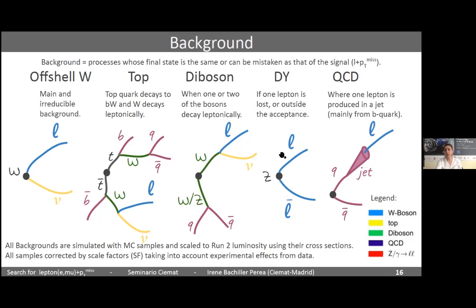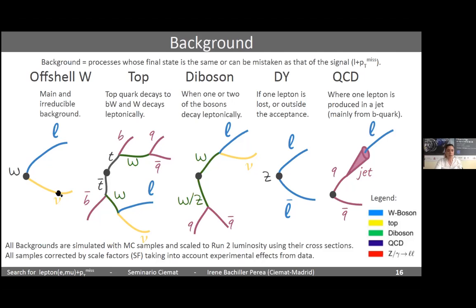In the case of the Drell-Yan, if one Z boson decays to dilepton, but one of the leptons escapes the acceptance of the detector, then we will have one lepton and missing PT. And finally, a small contribution from QCD, where one lepton is produced inside a jet.